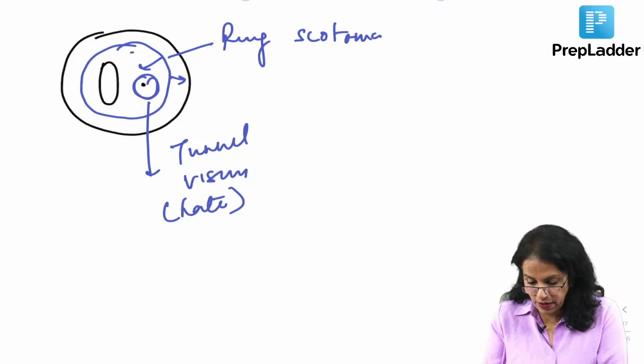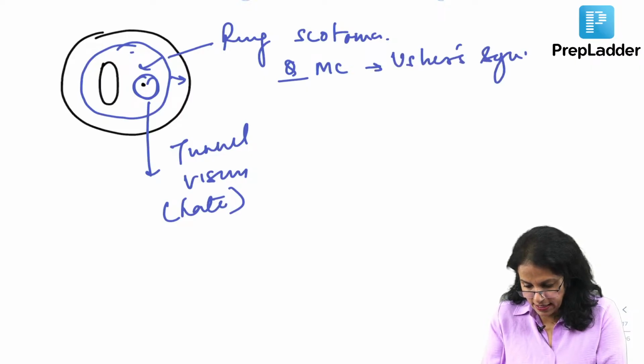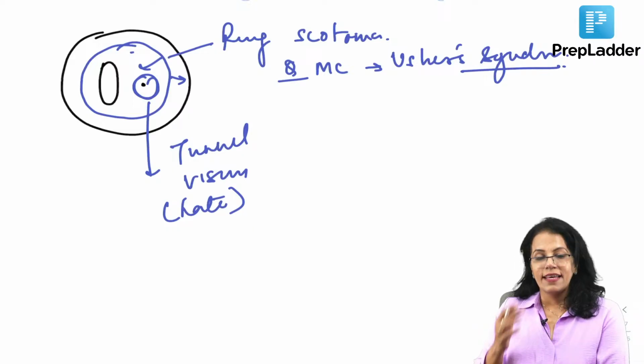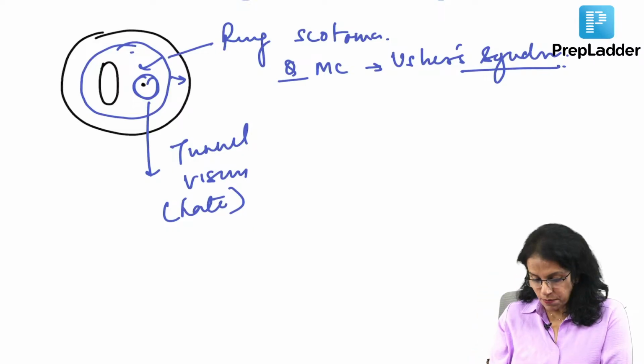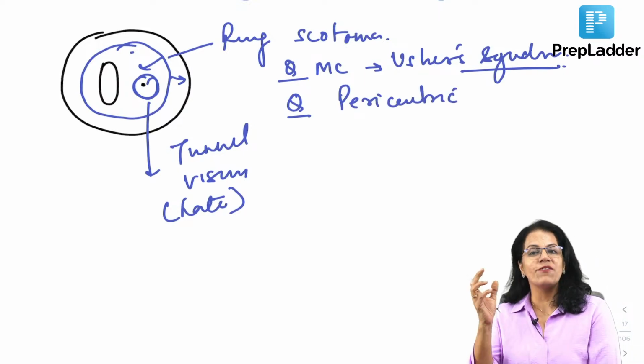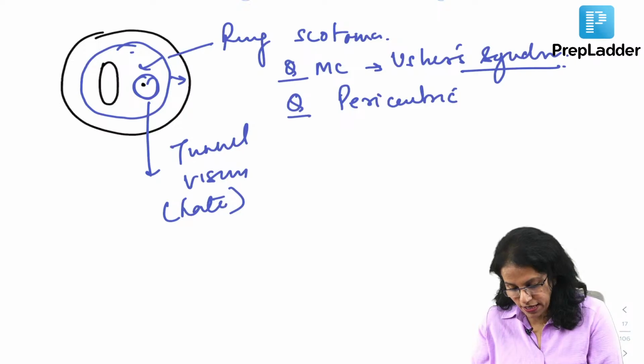Any other question we have? Yes. What is the most common systemic association? We answer Usher's syndrome. Usher's is RP with deafness. Yeah, they have also asked you what is inverse RP. When it starts from the central, the pericentric RP is also called inverse because now it is the central vision which is involved first. है ना? तो हमें याद रहना चाहिए what is pericentric RP.